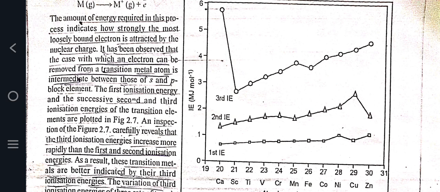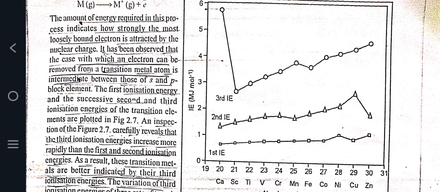The first ionization energy and the successive second and third ionization energies of the transition elements are plotted in figure 2.7. An inspection of figure 2.7 carefully reveals that the third ionization energy increases more rapidly than the first and second ionization energies.